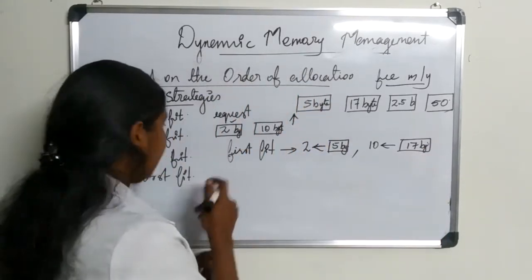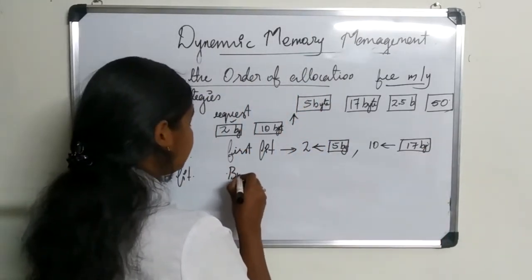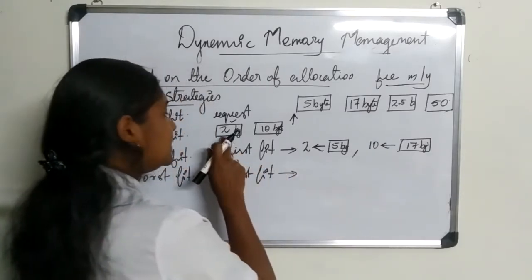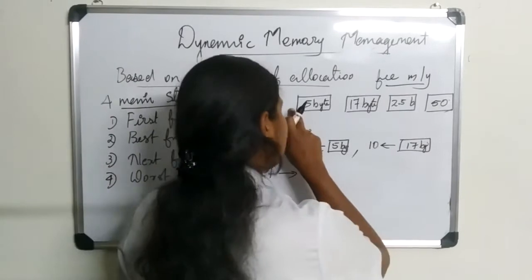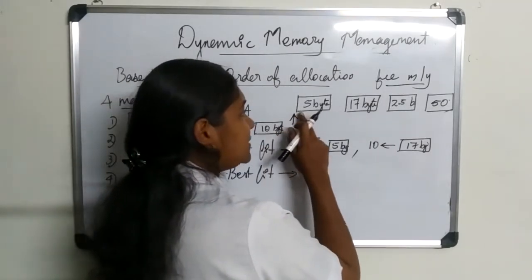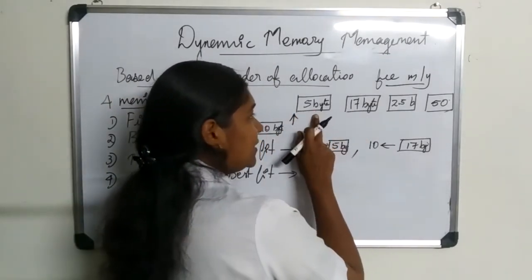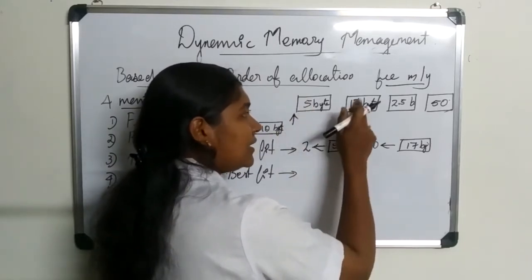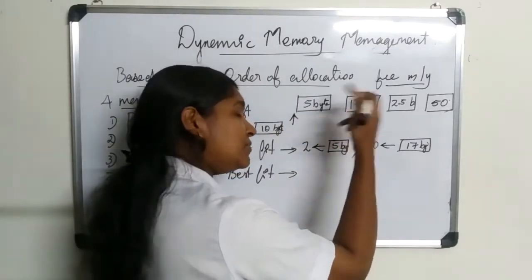Then next is best fit. For the best fit algorithm, first is the 2 byte request. To satisfy it, it will check the 5 byte block, okay, let it be there. It will search the next block, 17 byte, which is also very large.